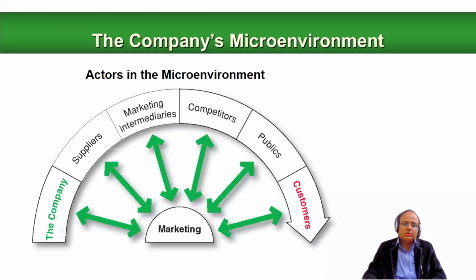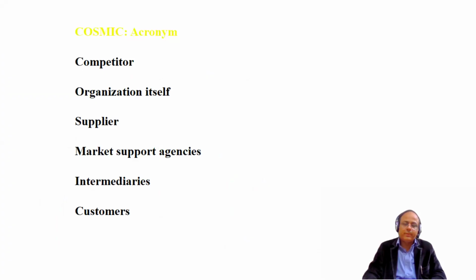But the focus is on the micro environment in this video, and the components include the company itself, suppliers, intermediaries, competitors, public, and the customers. There is an acronym that is famous for the microenvironment. We call it COSMIC. For macro, PESTEL is famous. For micro, COSMIC is famous.